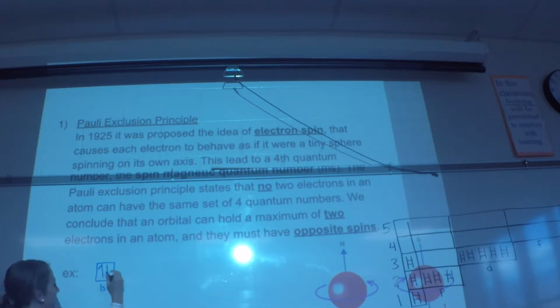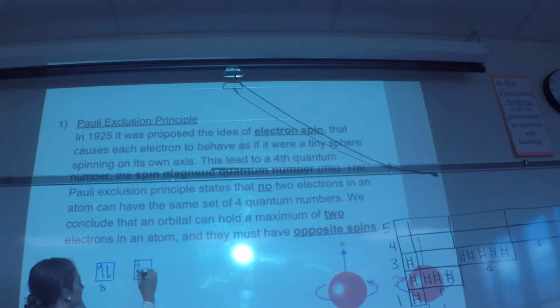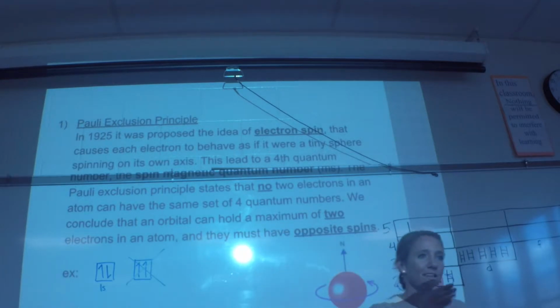And then we have one arrow going down. You will never have it where both of the electrons are going up. That breaks Pauli's rule. Pauli's rule tells us that no 2 electrons can both be spinning the same way.